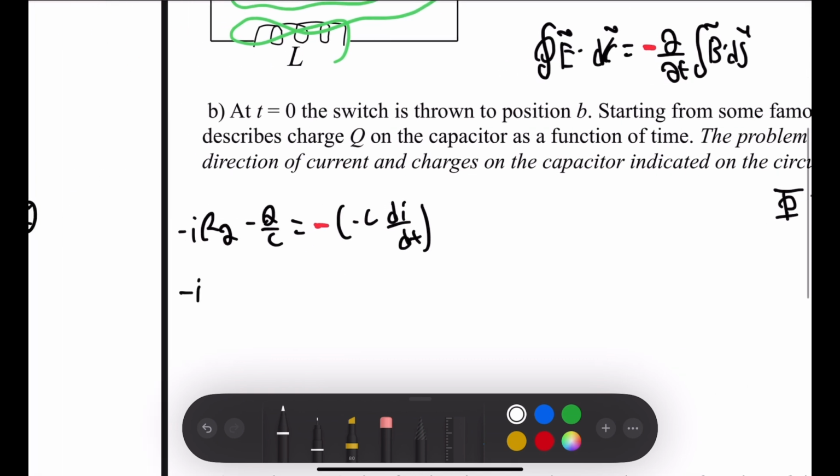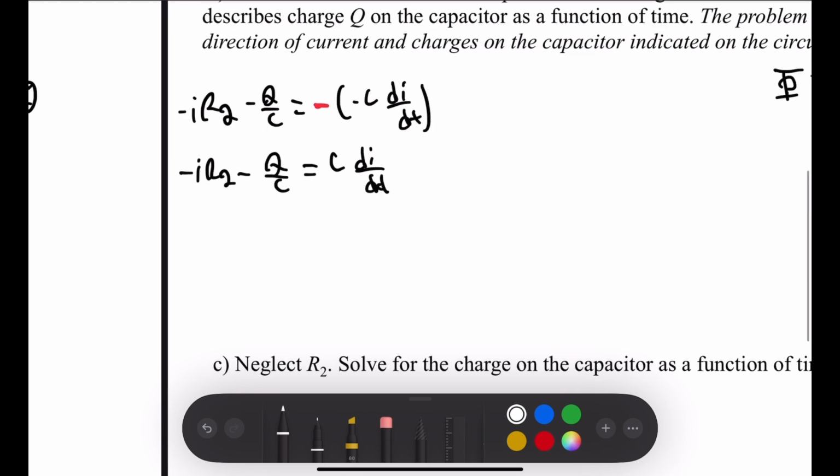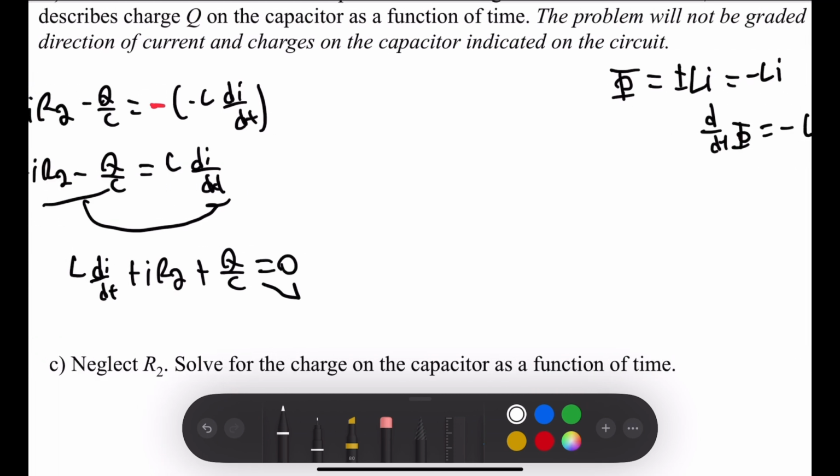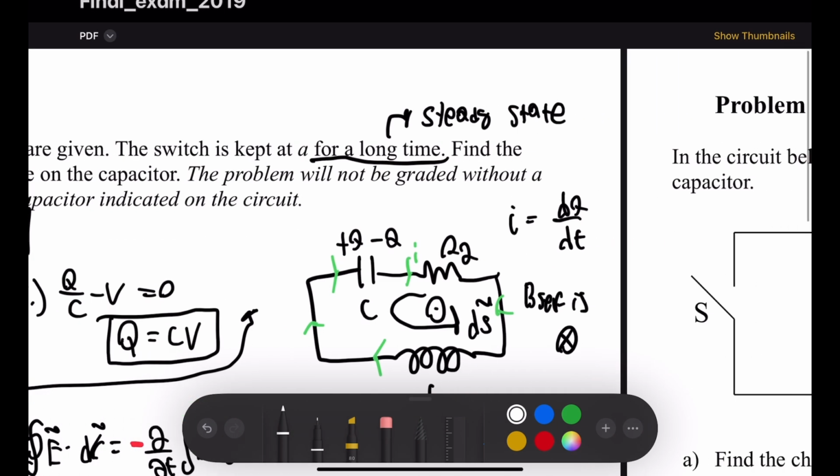So I'll get negative IR2 minus Q over C is equal to positive L di/dt. If I move everything to the right, I get L di/dt plus IR2 plus Q over C is equal to 0. But I want to solve for the charge on the capacitor, so I need to write all I's in terms of dq/dt. Again, because current's going to the positive plate of the capacitor, I is positive dq/dt.